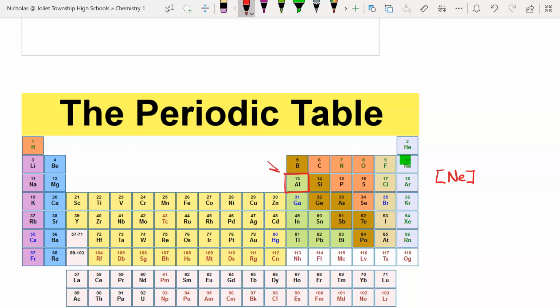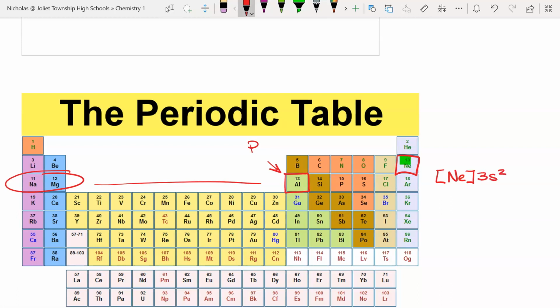So notice that aluminum is in the P block. There's no D block here. But between neon, which is number 10, and aluminum, which is number 13, I have to include this S block that I skipped. Or not skipped, but it's sandwiched between. So let me write that out. So this is the third row. So this is going to be 3s2.